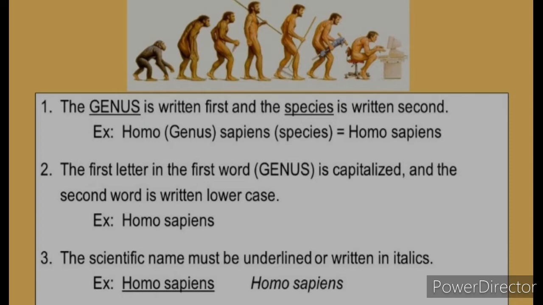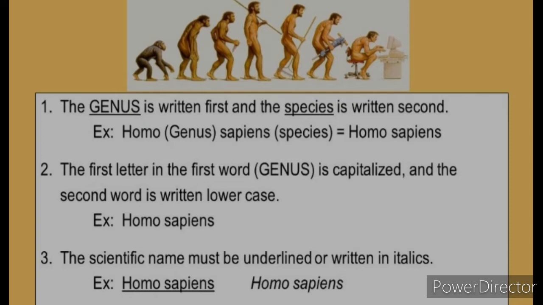Second point, the first word in a biological name represents the genus name and the second word denotes the species name. Third point, both words in a biological name, when handwritten, are separately underlined or printed in italics to indicate their Latin origin.